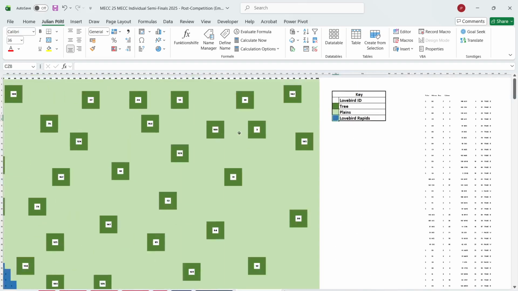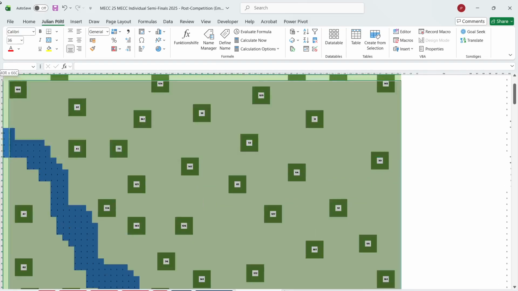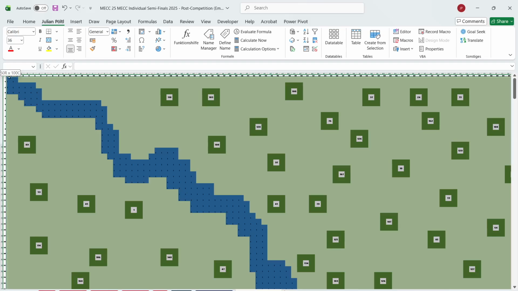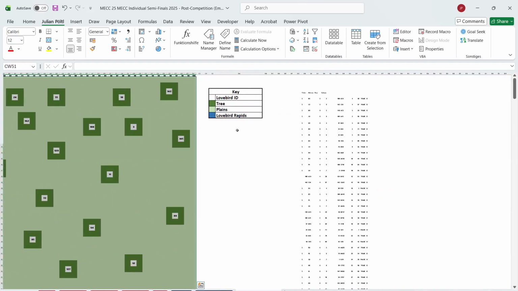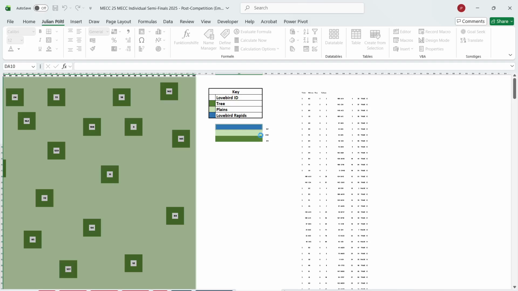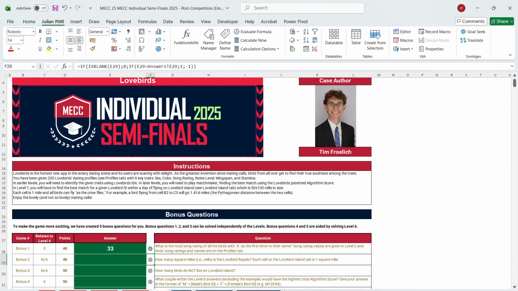Yeah, it's this. Okay. How is it called? Macros. Count colors. 327.